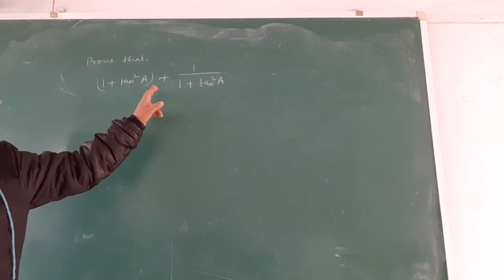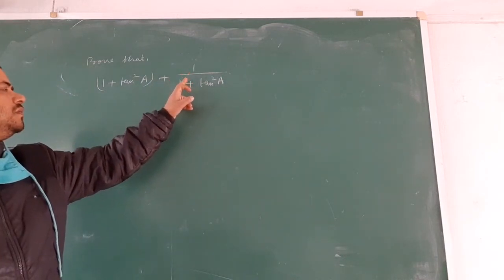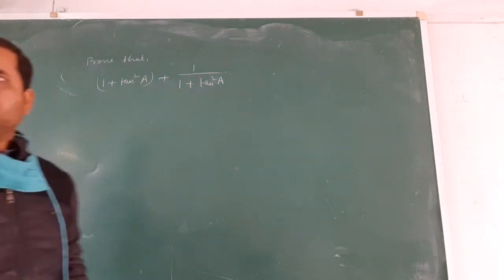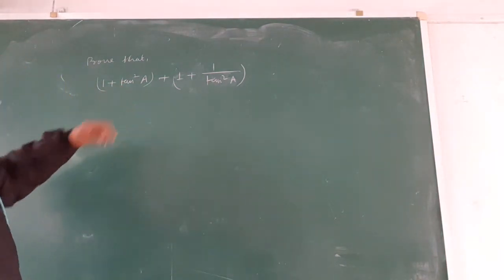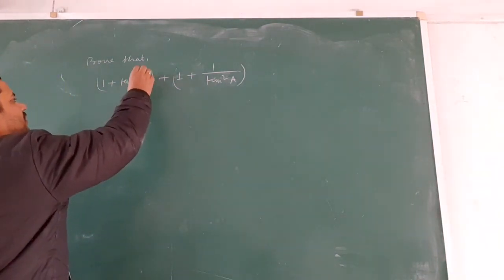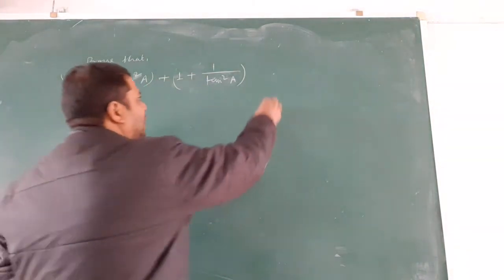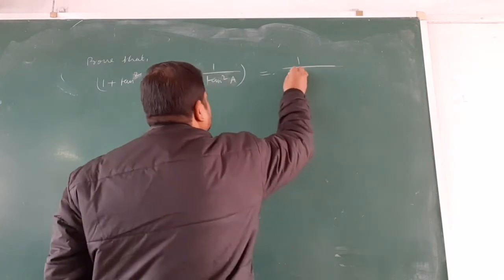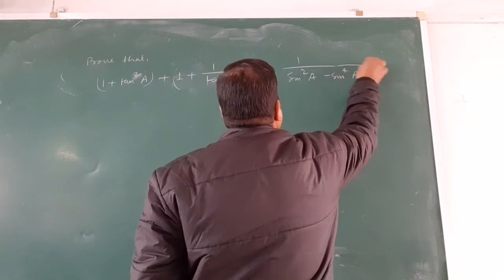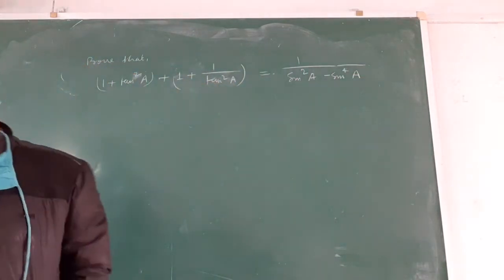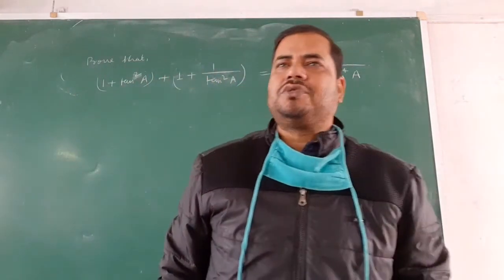Okay? Plus 1 by tan square. So see this one, 1 plus tan square a and 1 plus 1 upon tan square a, and this is nothing but 1 upon sin square a minus of sin power 4a. Okay? Clear? So what do you think about this question? How to solve? How to start this question?